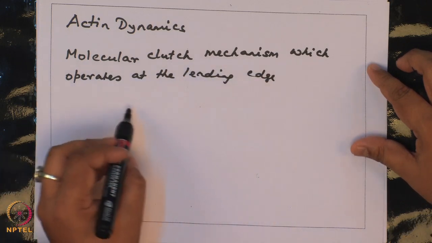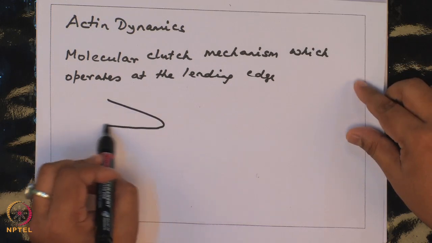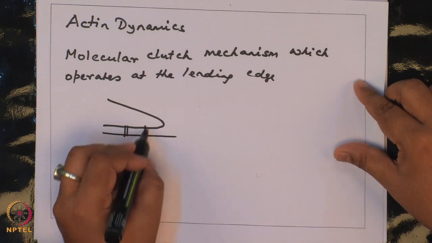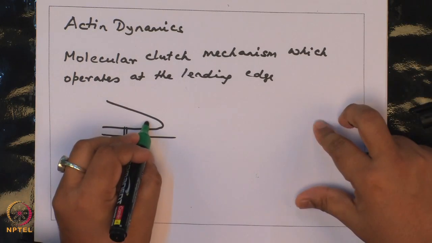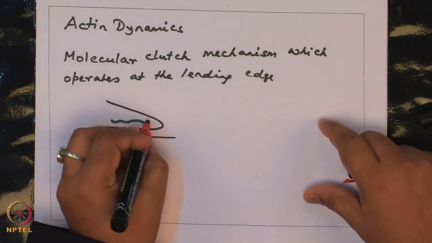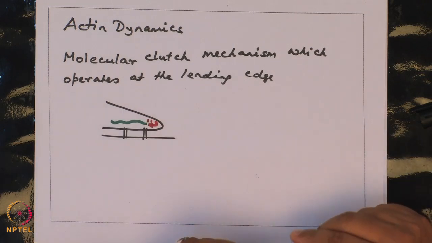So, you have three situations. What I am drawing here, these are your integrins, and let us say this is your actin filament, and you have monomers which are getting added to the actin filament.